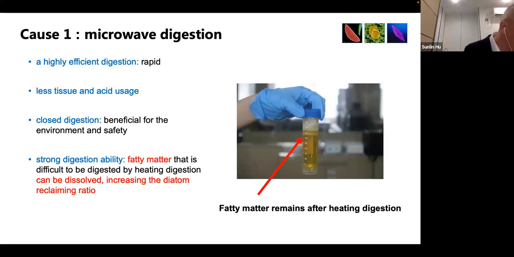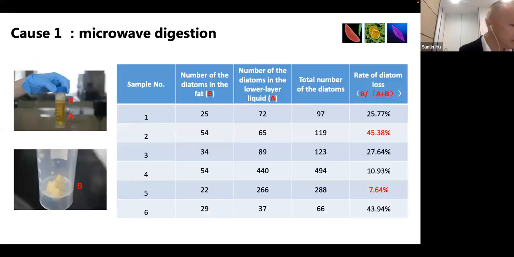This picture shows a layer of fatty matter suspending on the top after heating digestion. Routinely, this layer is separated and discarded. An experiment was done to evaluate the rate of diatom loss.